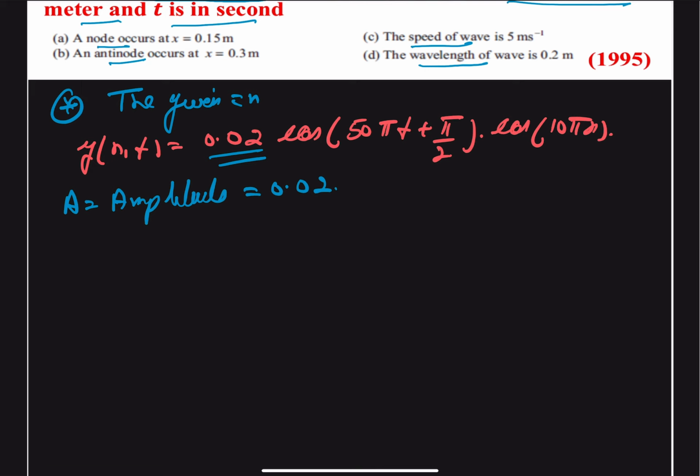And like I said, the given equation consists of two parts. The first part, which is cos of (50 pi t plus pi by 2), represents the time dependent part.